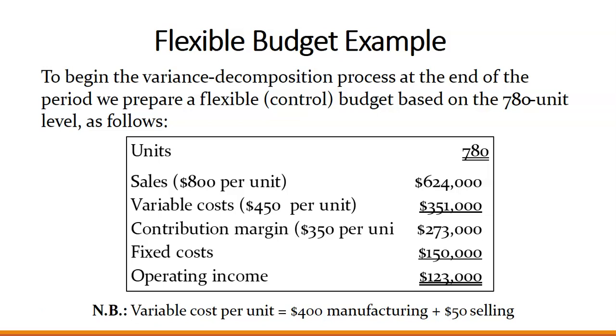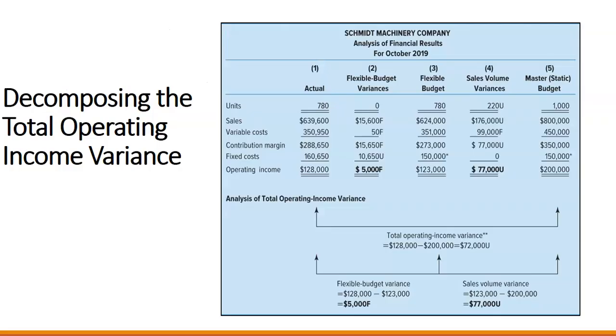Now we can look at our total variance. We break our total operating income variance, which is also called our static budget variance, into our flexible budget variance and our sales volume variance. That total unfavorable variance is caused by the different volumes between our static budget and our actual budget.